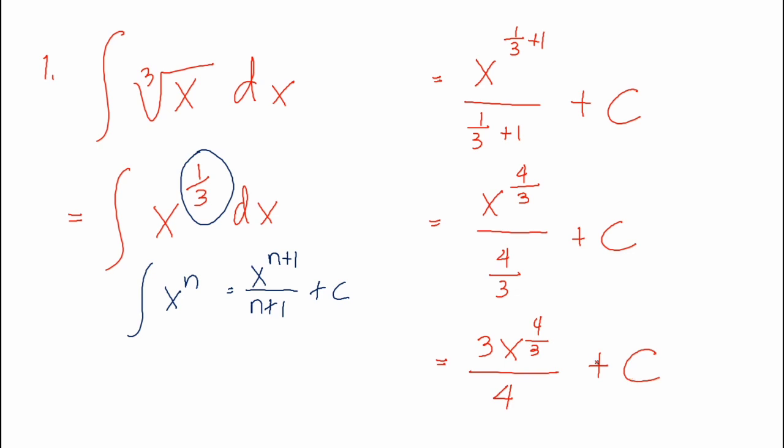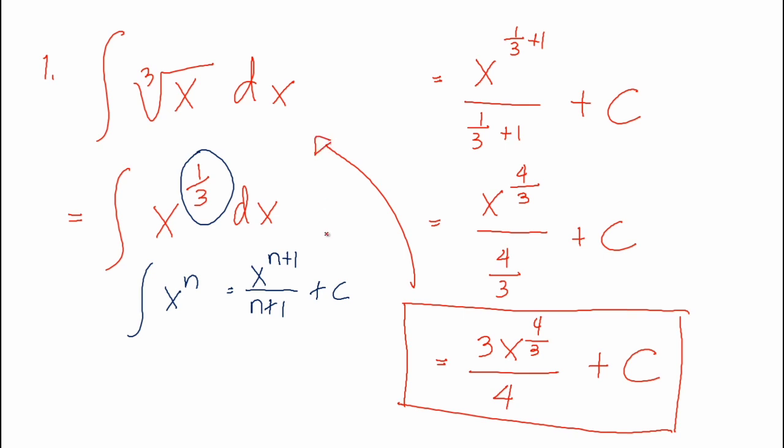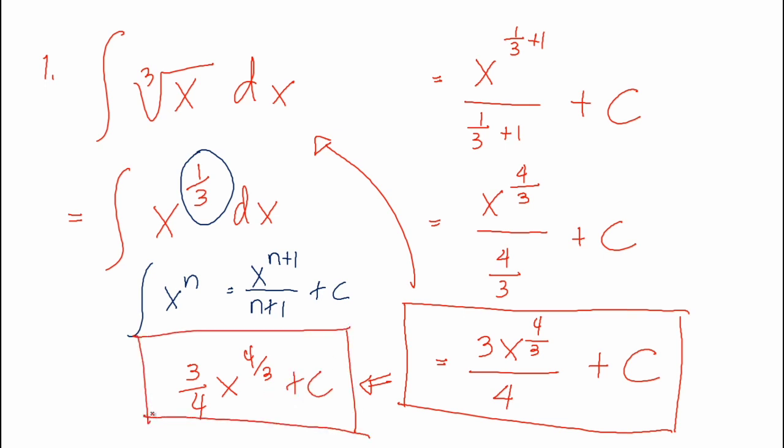Now, this is our final answer for our first example. Maybe some of you will have an answer like 3/4 x raised to 4/3 plus c. This one is also correct.